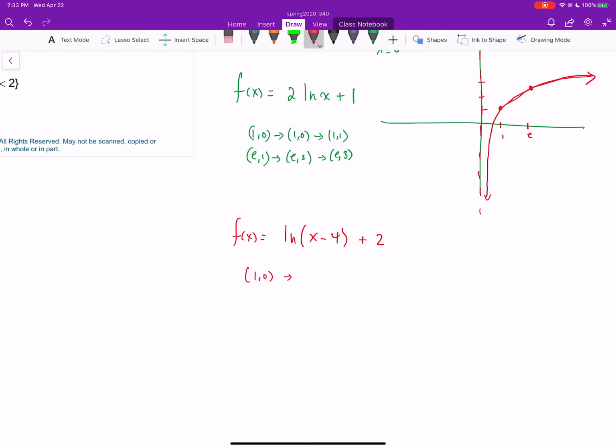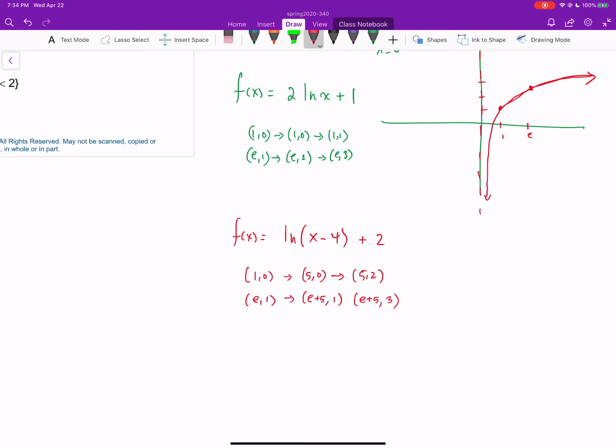If I shift it to the right 4 places, I'm now at 5, 0. And then if I move it up 2 places, I get 5, 2. Likewise, with e, 1, when I move it 4 places right, I get e plus 4, 1. And then if I move it up 2 places, I end up getting e plus 4, 3.